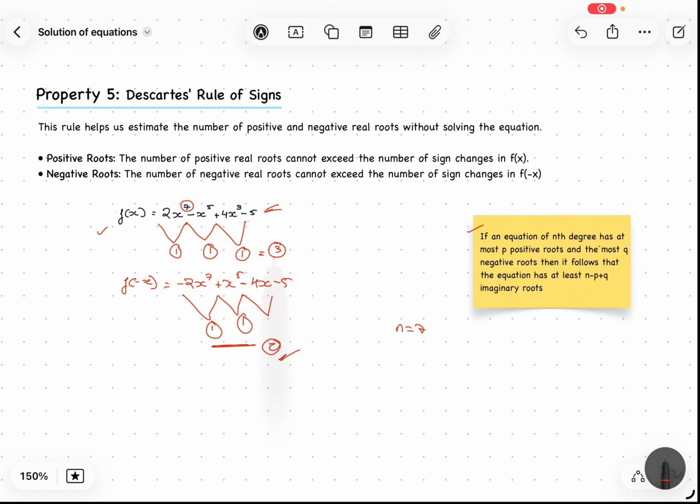We have p positive roots, so p is 3 here. We have q negative roots, so q is 2. Putting it into the expression, that is 7 minus 3 plus 2, which is nothing but 2. So this equation has 2 imaginary roots.